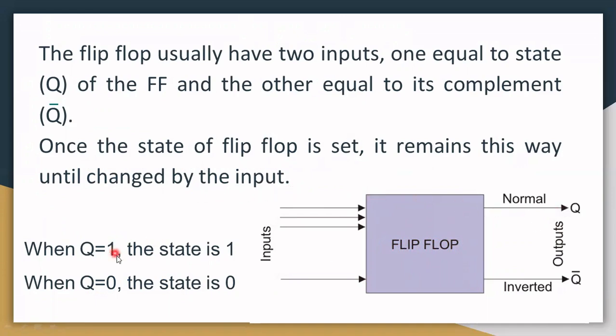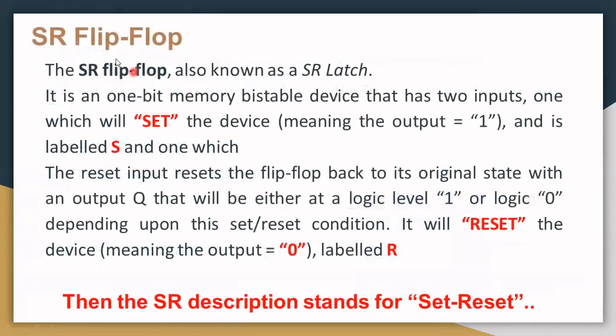When Q is equal to 1, the state is called 1 or set state. When Q is equal to 0, the state is 0. That is called a reset state. Now the first flip-flop, the SR flip-flop. The SR flip-flop is also known as the SR latch, in which we have two states, set state and reset state.